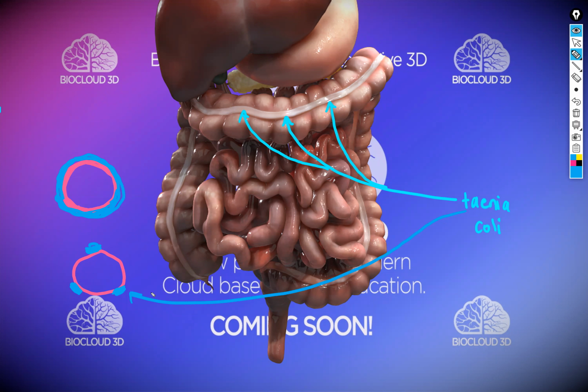But it still contracts, so it contracts in this direction. And then you can also see these bulges here. See those little lumpy guys? These are called haustra. And singular is, let me move the chat really quick so I can draw. Oh no, too big. Singular is 1.